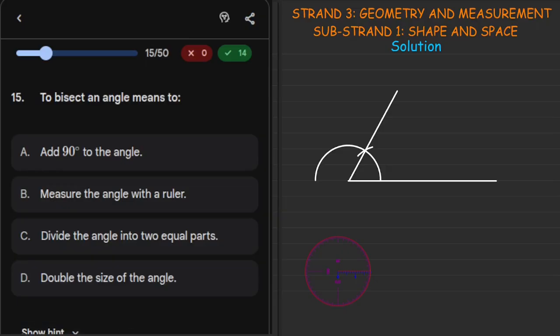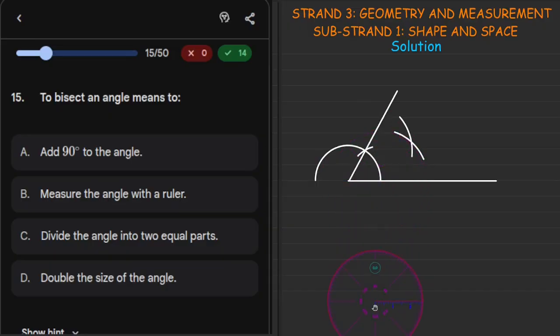Question number 15 says, to bisect an angle. To bisect an angle simply means you are dividing the angle into two equal parts. For what we have on the screen here, if I'm bisecting this 60 degrees, I would stand here and draw my arc somewhere around here. Then I stand here as well and draw another arc somewhere around here.